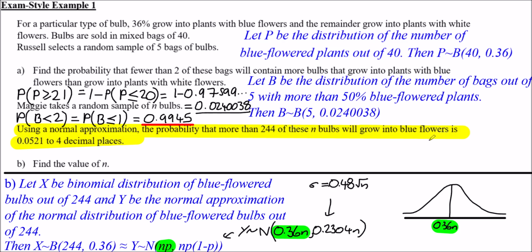Now we need to remember the continuity correction. More than 244 means I'm wanting to find the point where it's more than 244.5. So I'm wanting this region on the right-hand side of 244.5.